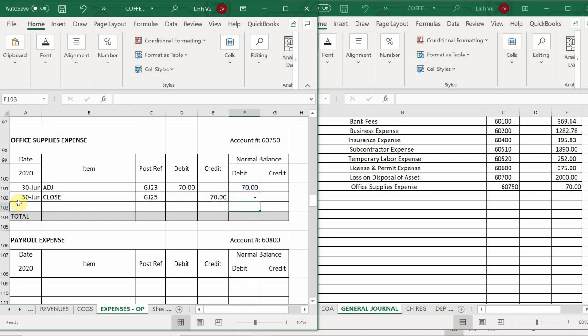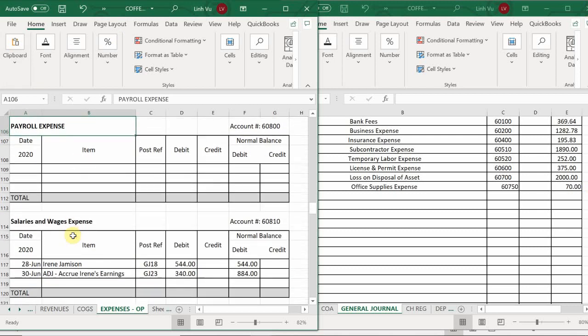Which then should result you again to a 0 balance. Okay. I think we have just a couple more, guys, so we're almost there, almost at the end.